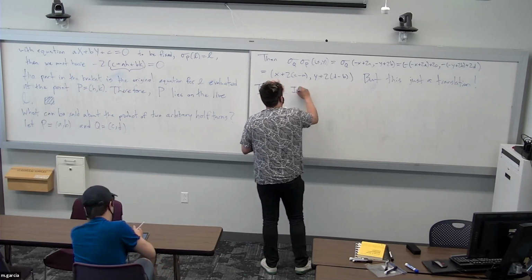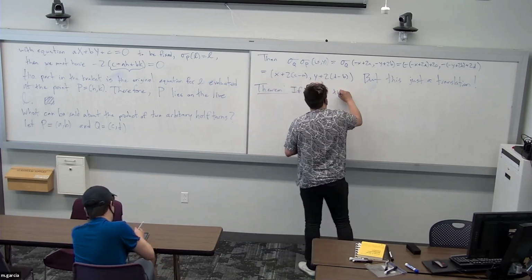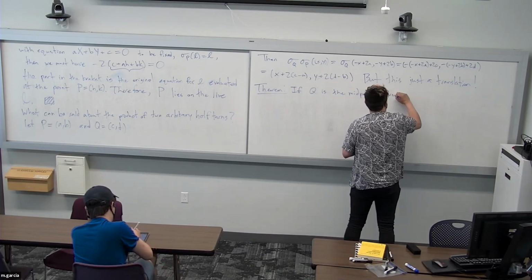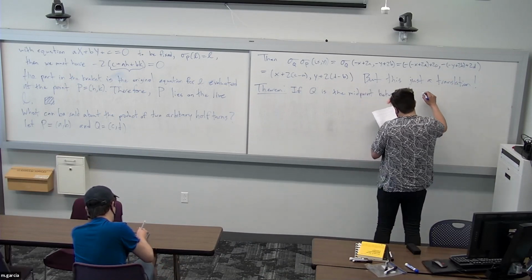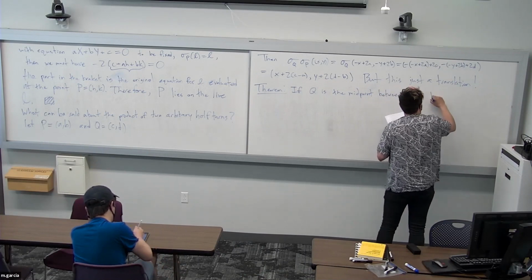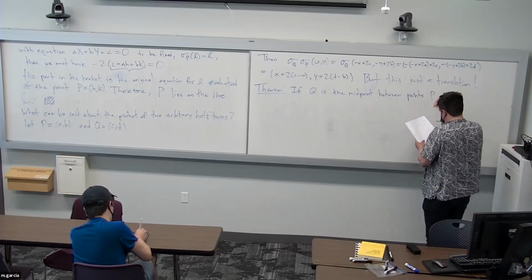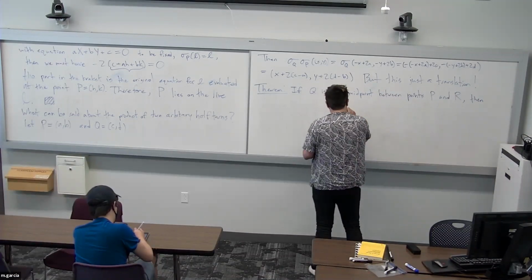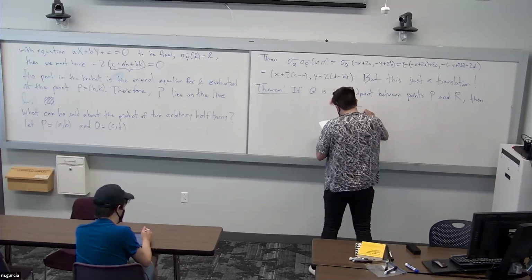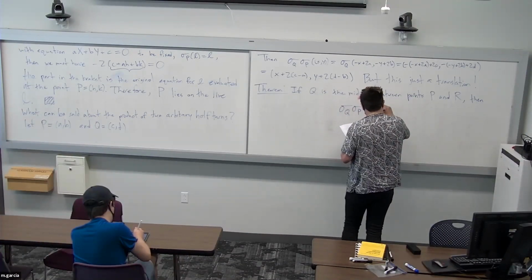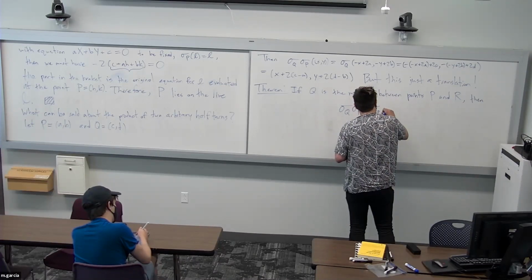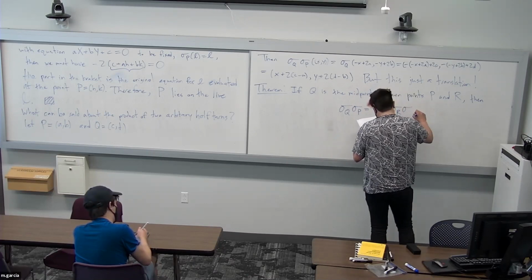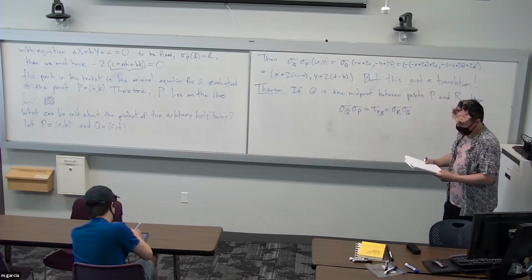So if Q is the midpoint between points P and R, then what we can say is that sigma sub q times sigma sub p is equal to tau sub (p, r), which is equal to sigma sub r times sigma sub q. Okay?